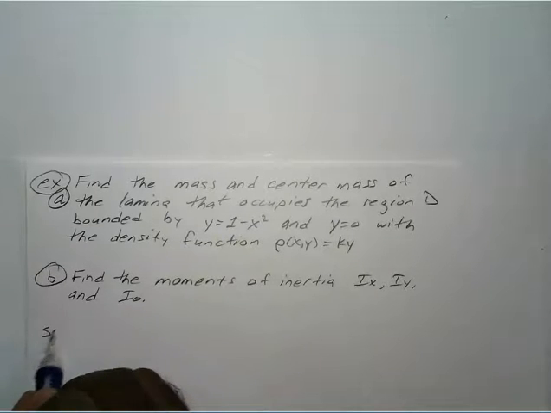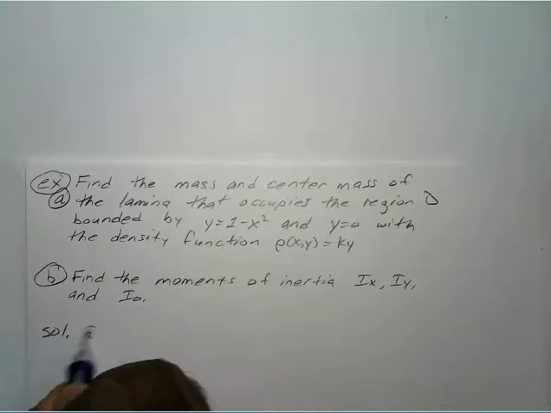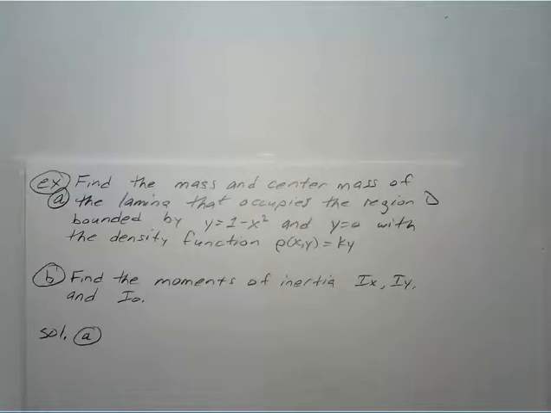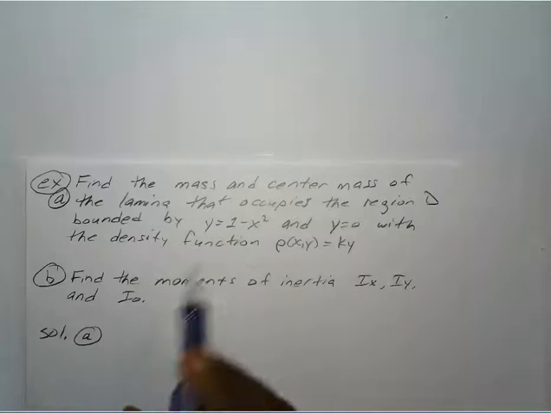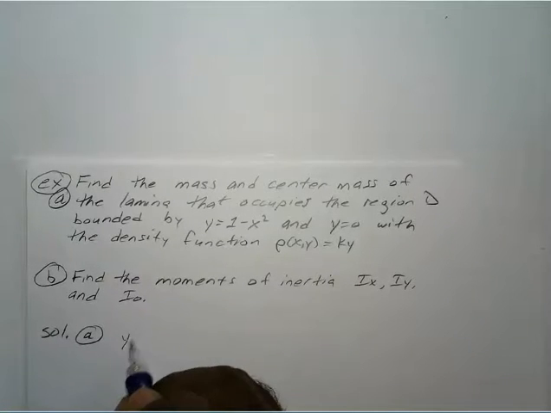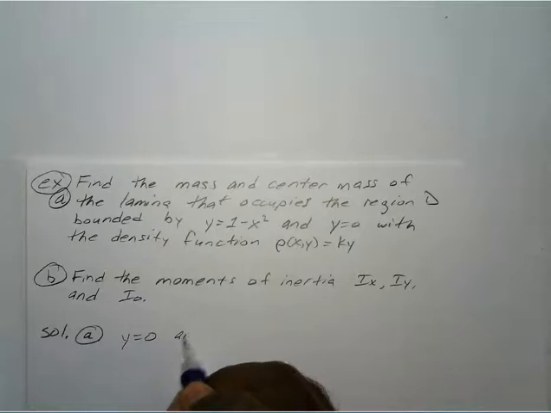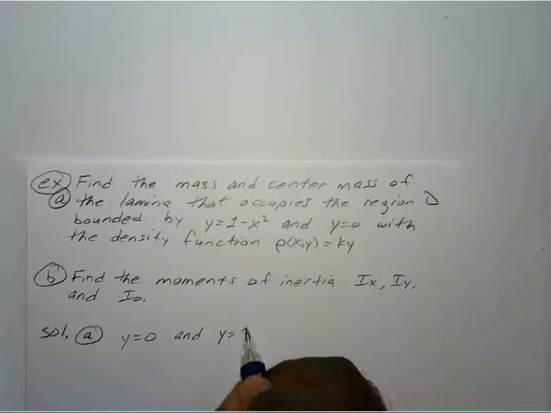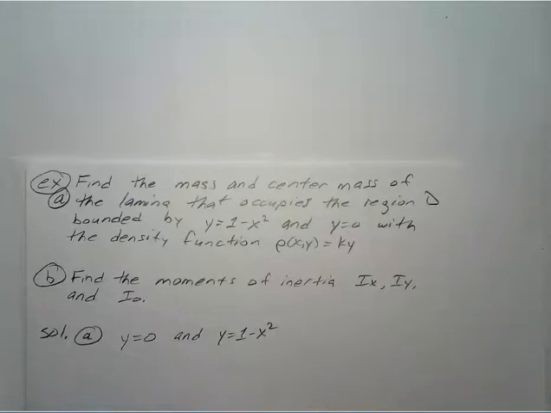Alright, so we're going to go ahead and get started with part A. Okay, so we know that we have our boundaries for y equals 0 and y equals 1 minus x squared. So we have our y boundaries, we just need our x boundaries.